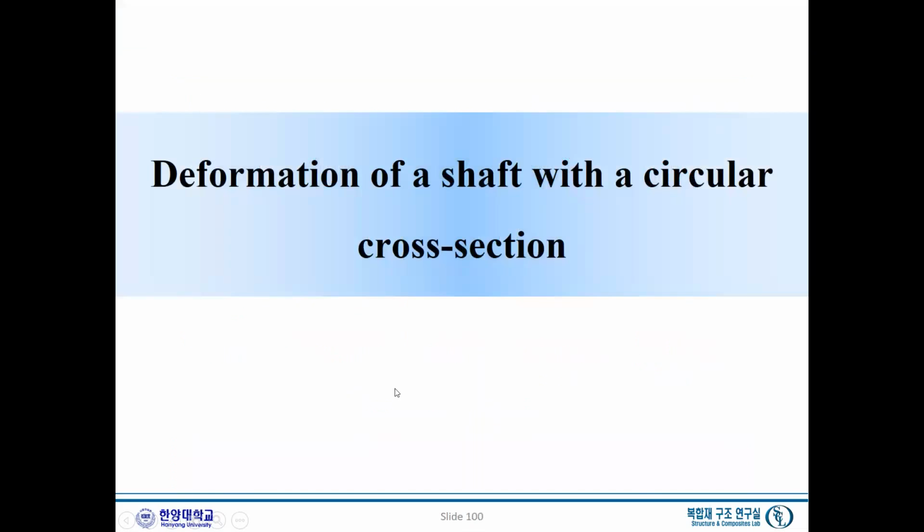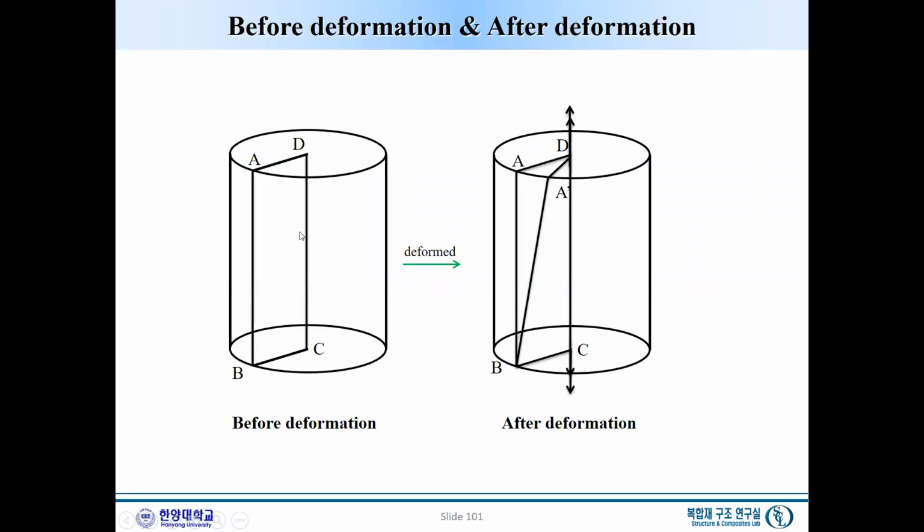Okay, and as I mentioned, we always need to start with the deformations. And here, these are the deformation observations. This is before deformation, and we have the ABCD, arbitrarily chosen ABCD cross sections. And under torsion, with respect to the BC plane, this plane will be fixed, and the upper plane, which has the AD, will rotate.